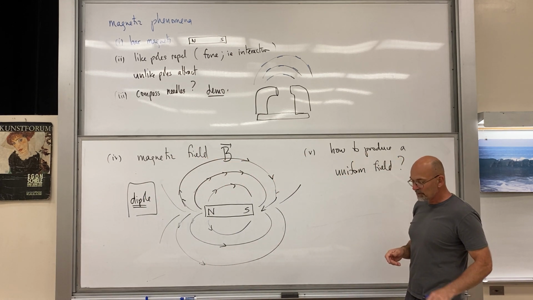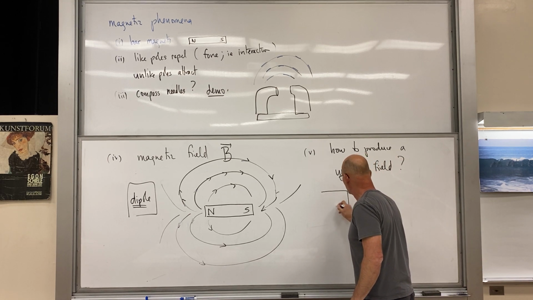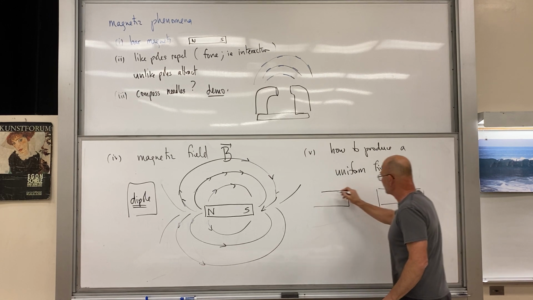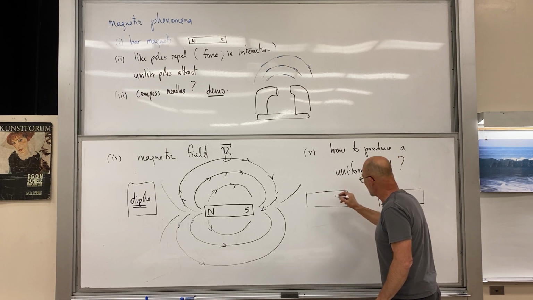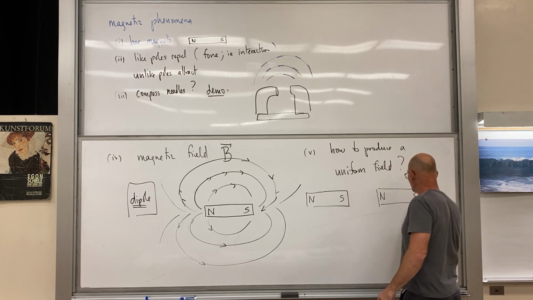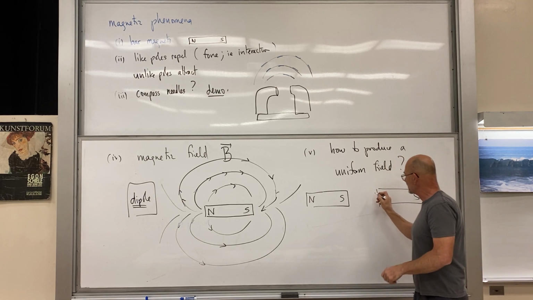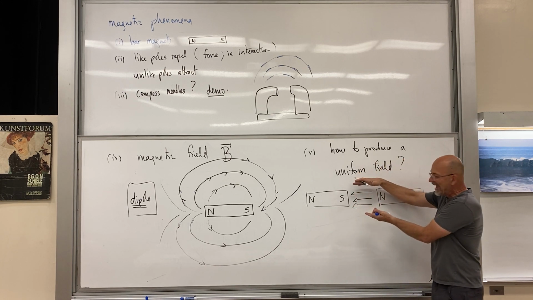So to create a uniform field, you just have to have, say, two magnets end to end. And I'll go ahead and give bar magnets and say I have north and south and north and south. And the idea is to bring these close enough together so that you get a uniform field in the gap between them.